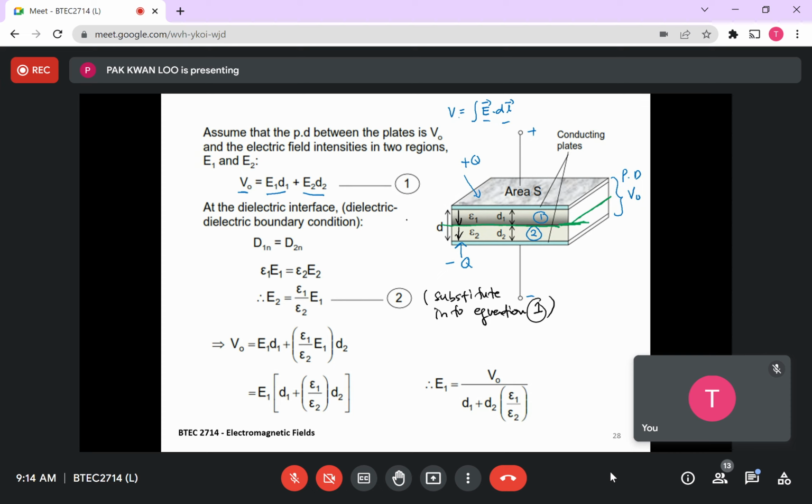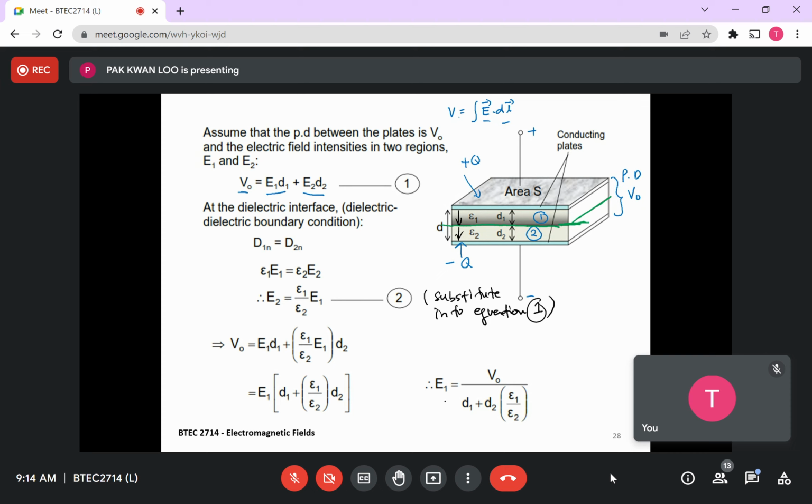We want to analyze how two dielectrics sandwiched between two parallel plates become capacitors connected in series. We are going to analyze that.